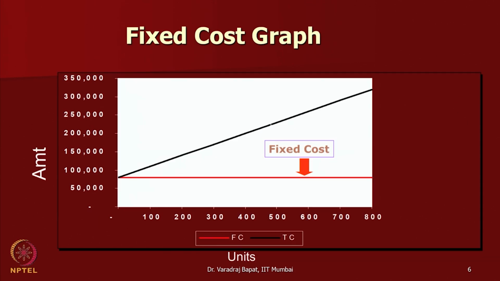Now the other cost is variable, but before going to that, does it mean that fixed cost never changes? It is not true. Although in the graph you can see that it is totally flat or horizontal, theoretically it does not change here, because with level of activity it does not change. But my question was, does it mean that fixed cost never changes at all? It is not true, because it can change from time to time.